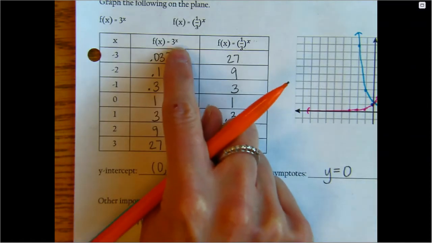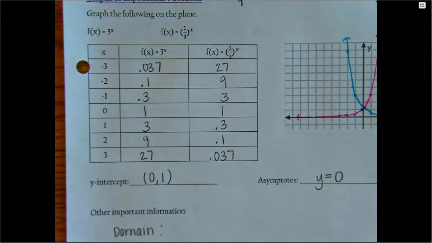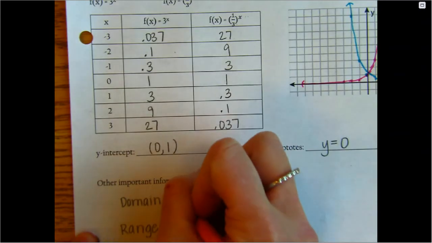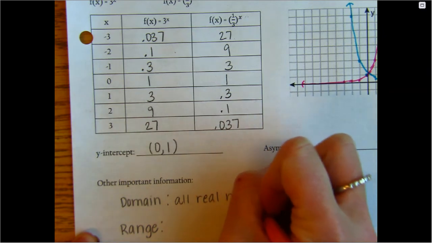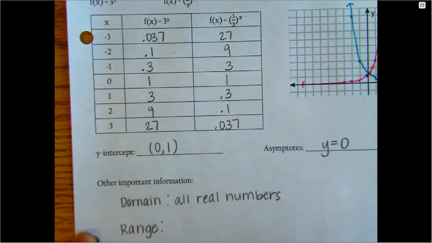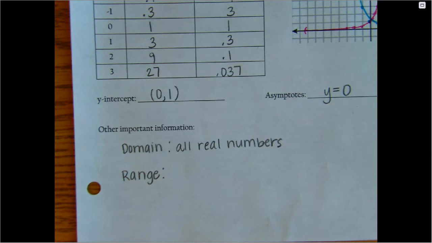Well, for x here, x is just an exponent. An exponent can be any type of number. It can be positive, it can be negative, it can be a decimal, right? So the domain is all real numbers. There is nothing that you're not allowed to plug in for x, okay?